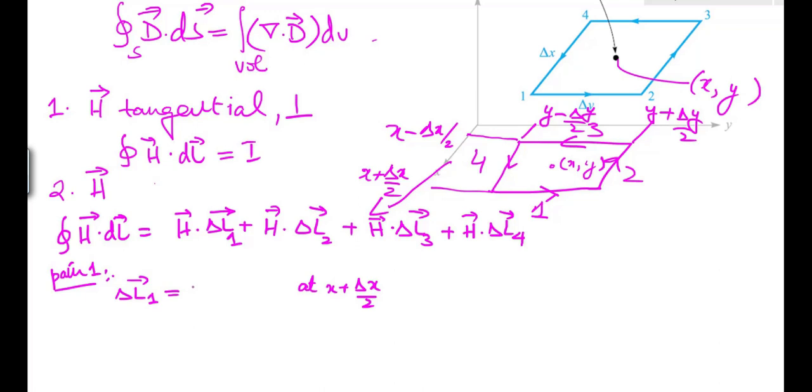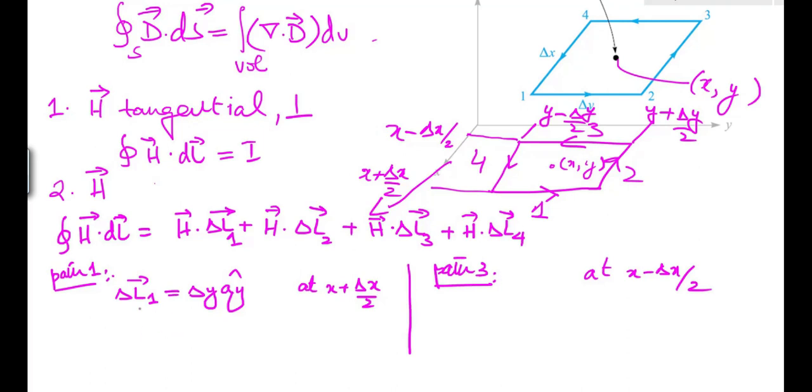The magnitude of this path is, let's say, delta Ly, the change in y, and the direction is along the positive y direction. You can see that this is pointing in the positive y direction, so that's why we take it as ay. Whereas if we consider path 3, this path 3 is at x minus delta x by 2.